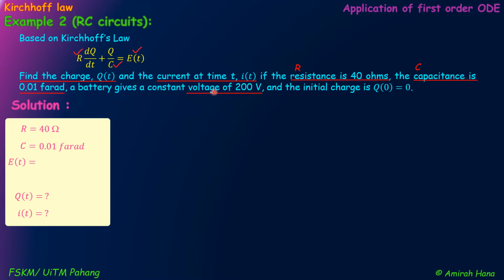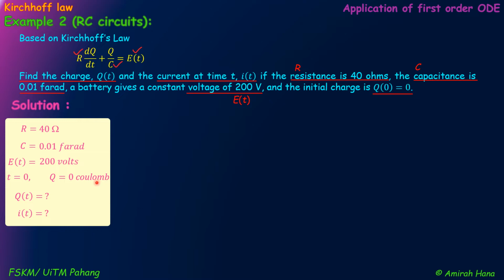Next, we have a voltage of 200 volts. This is E(t), so we can write E(t) equals 200 volts. And the initial charge is Q0 equals 0. This means when t equals 0, q, which is charge, equals 0 coulomb.